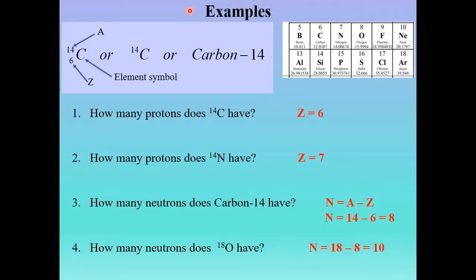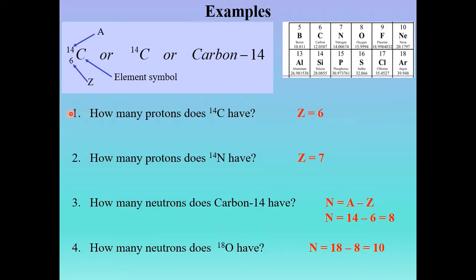So let's go ahead and do some examples just using what we've learned so far about Z, N, and A, the 3 numbers that describe a nucleus for one of these elements. So I've put a little key here for our notation to help our memory, and I've also included one little section of the periodic table over here, which we can use to answer these questions.